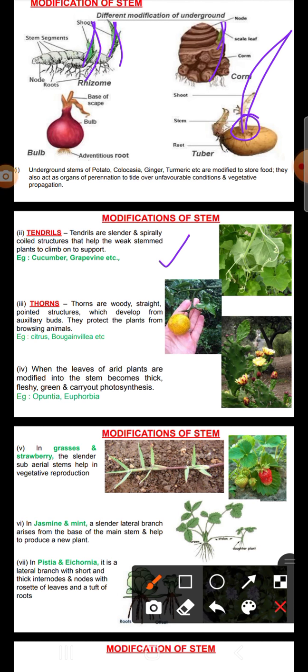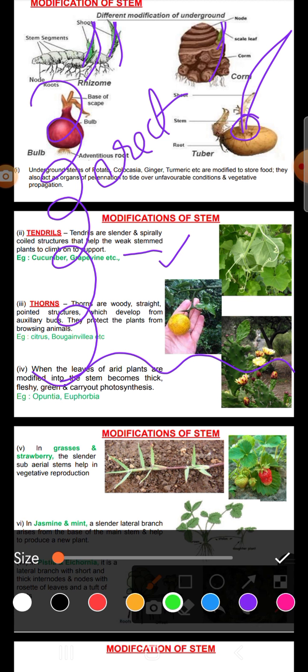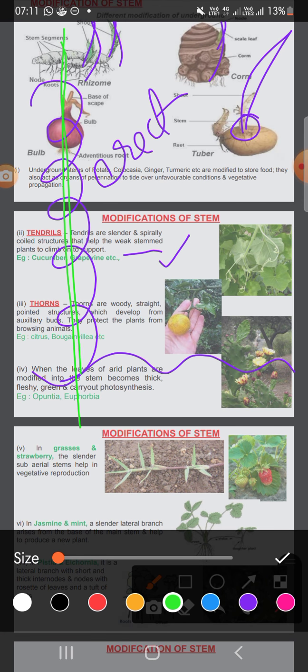What are tendrils? They are slender, spirally coiled structures. They help weak-stemmed plants to climb. Sometimes the stems of plants are very weak, so they fall onto the ground. To make them grow erect, the tendrils need to be supported with a stick. If man is growing the plants, he himself will put the sticks.